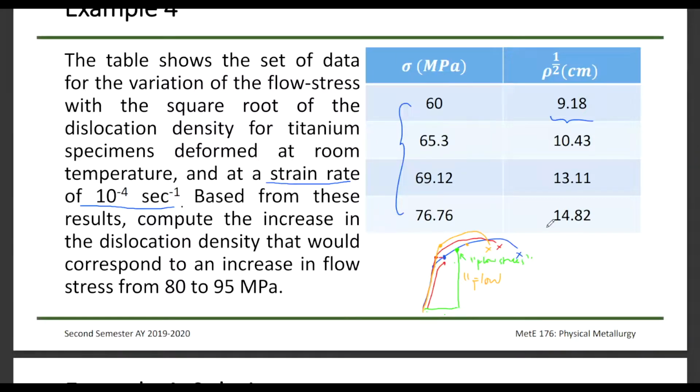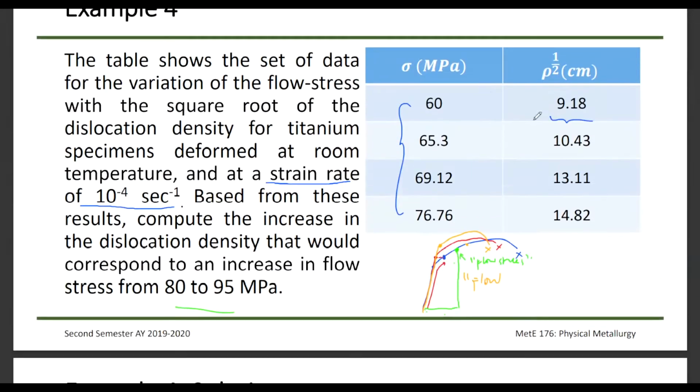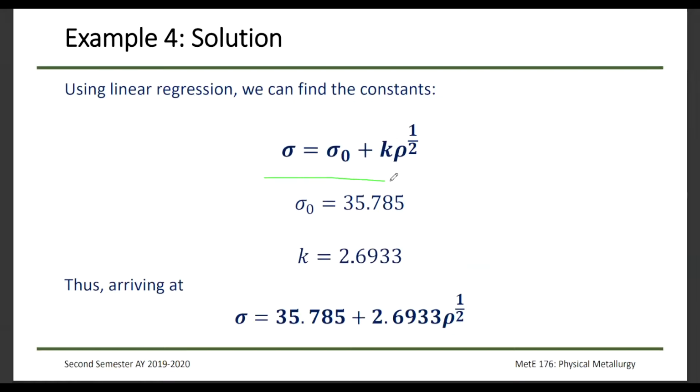Okay, so dito ang tinatanong is ano daw yung corresponding increase in flow stress, ano yung corresponding dislocation density if we were to increase the flow stress from 80 to 95 MPa. So to solve that, gagamit tayo ng linear regression, no? So we are already given 4 points, no? So these are 4 points and we can use this equation.